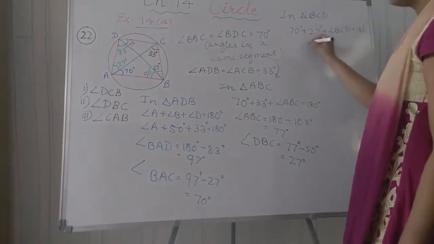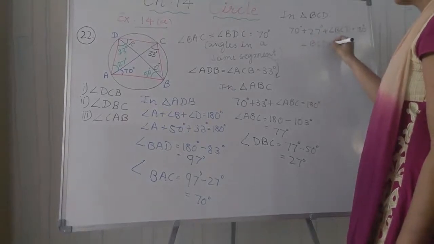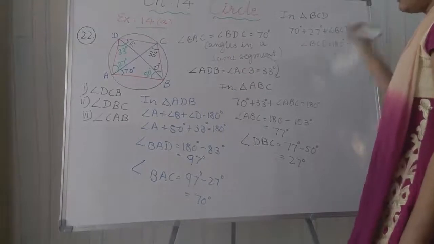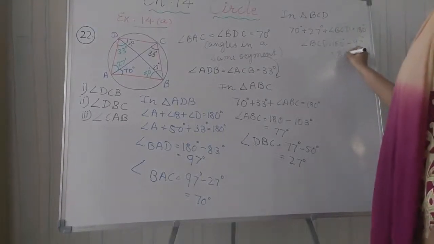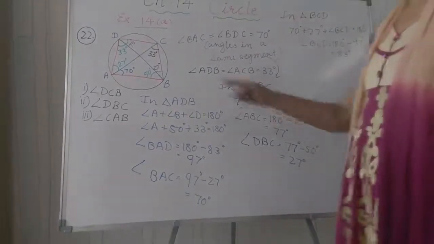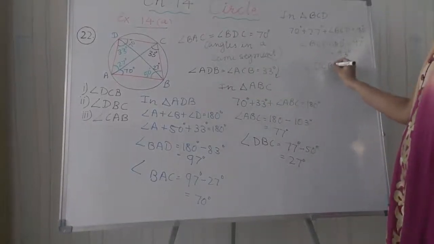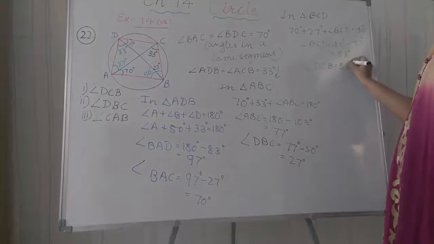So we get angle BCD is equal to 180 degree minus 97 degree, and that is equal to 83 degree. So here I get my second answer, that is angle DCB is equal to 83 degree.